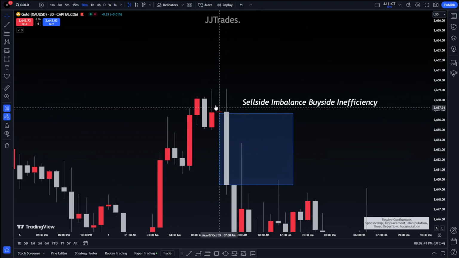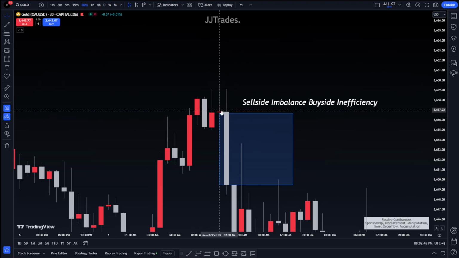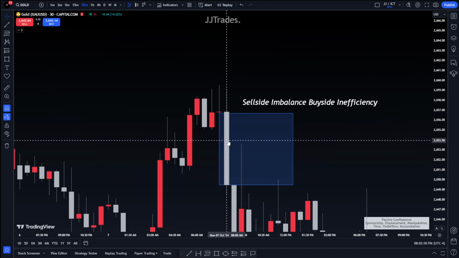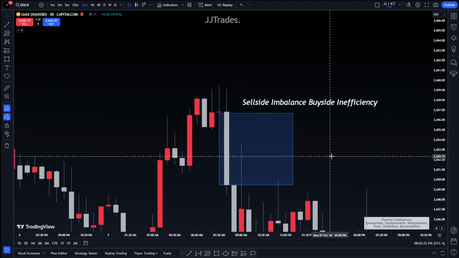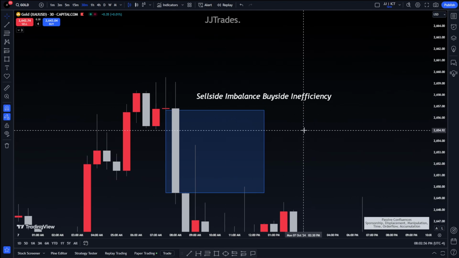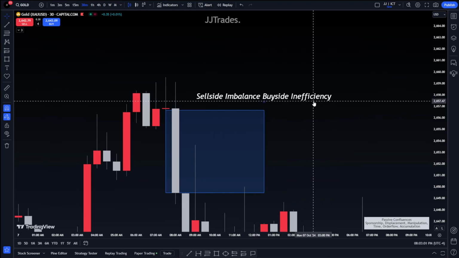I'll go over the actual pattern, but I need to tell you what the meanings are and the lore or the secret behind this, or what's actually going on when this pattern is created. So when a bearish fair value gap is created, or a SIBI is created, what's happening is there's so much sell side that there's been no buy side offered.